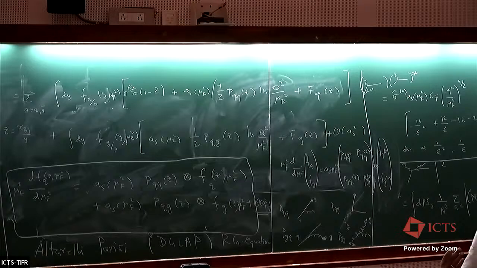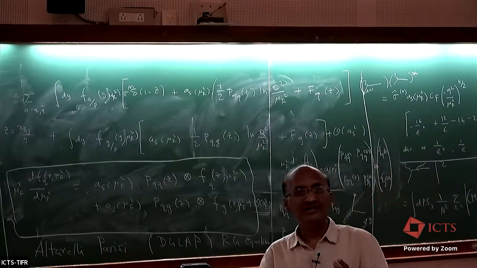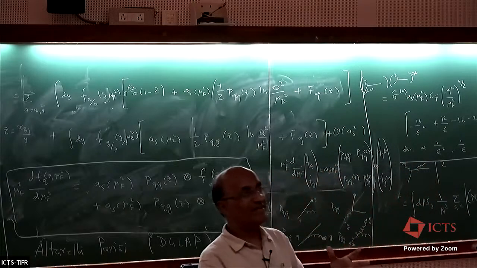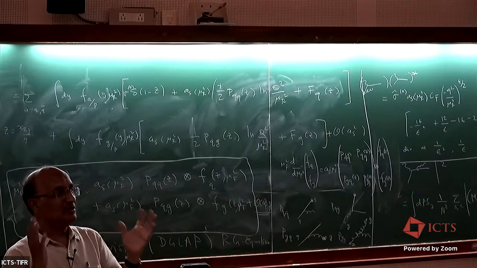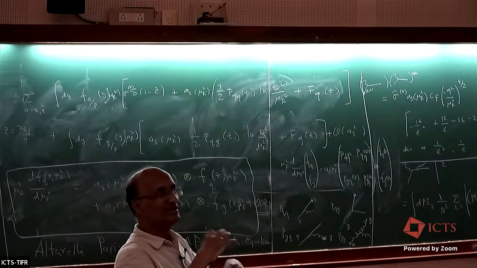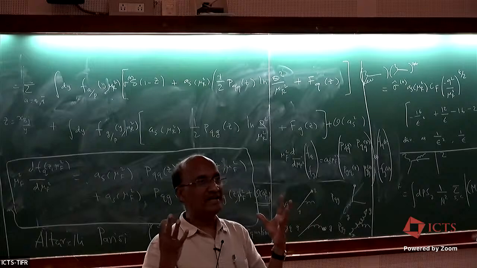For example, if somebody says half of the proton momentum is carried only by quarks, it just means that in that particular scale it's half of them. Maybe there are some scales at which most of the proton momentum is shared by the quarks alone, and gluons are left alone, carrying nothing.